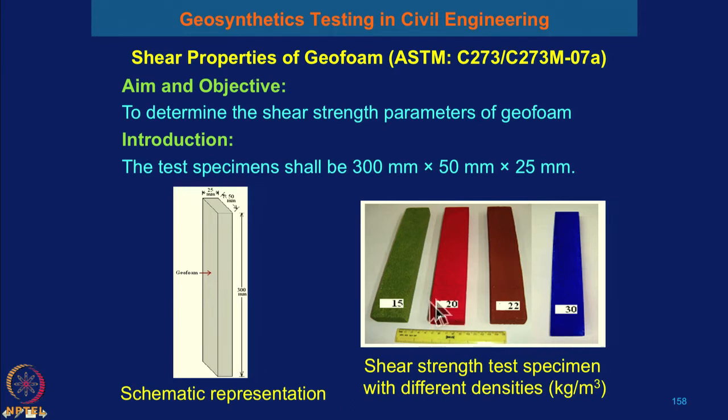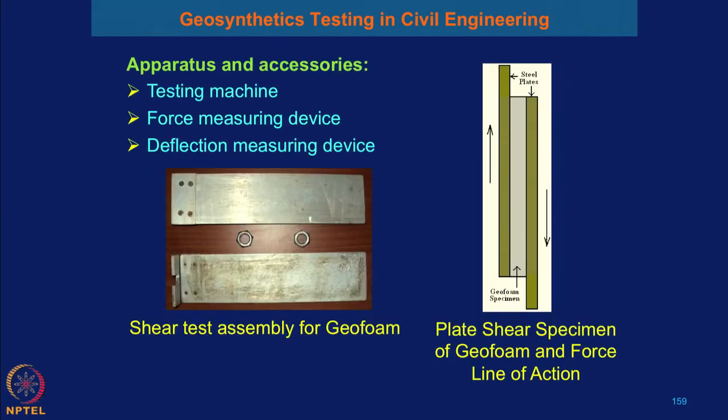So we will perform the tests under all the different densities of the EPS geoform material. For this kind of test, you require apparatus, what kind of apparatus you want to use, and how you perform the shear between the two geoform materials.